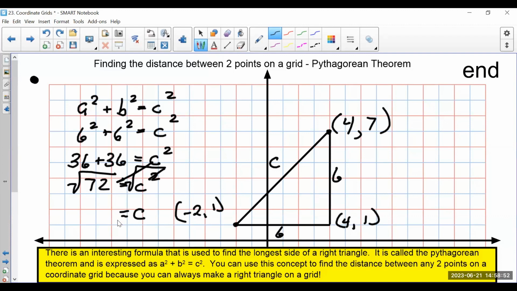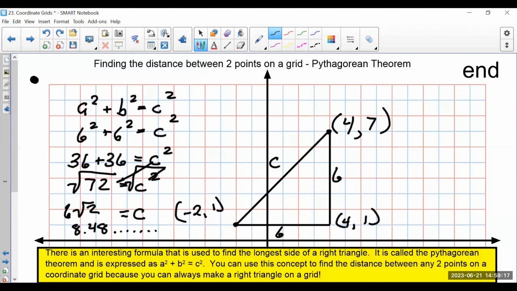Oh my God, it says 6 root 2. 6 square root 2, that is not helpful to me. I want an estimated number. So I'm going to hit my toggle button. Then it gives me my decimal version, which is 8.48, whole bunch of stuff. We're going to call that 8.5.